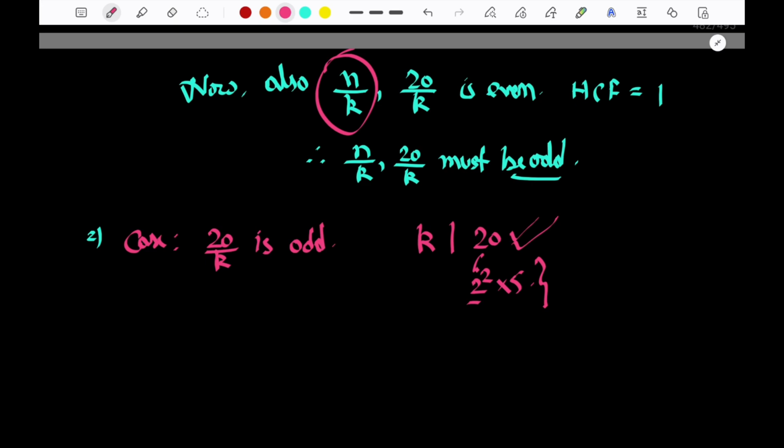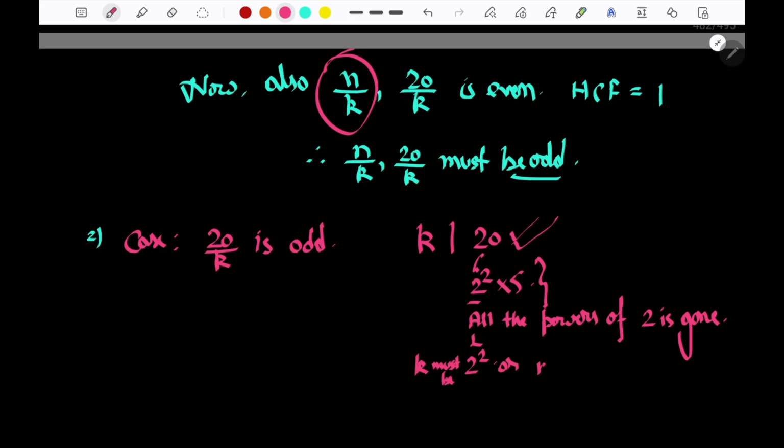It can only be odd when all the powers of 2 are gone. So k must be 2 square or more.